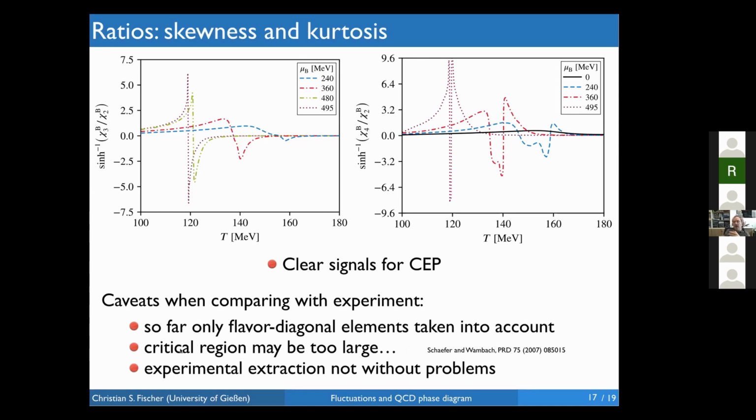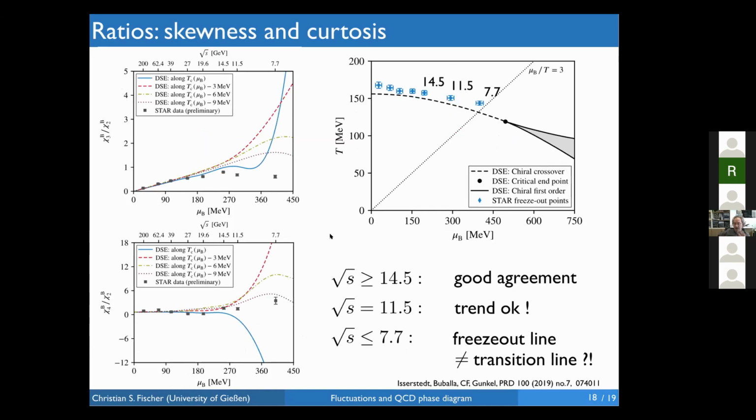And with the current level of truncations with these ansatz for the quark-gluon vertex, it may very well be the case that our critical region is too small right now. And then, of course, the experimental extraction is not without problems. So these are some of the caveats that you should keep in mind when having a look at the next slide. And this is the last slide before I come to my summary.